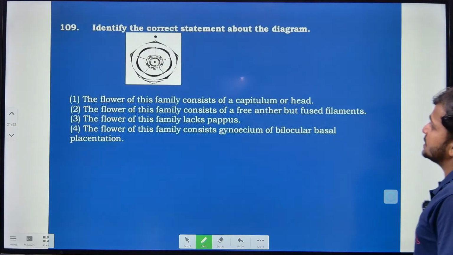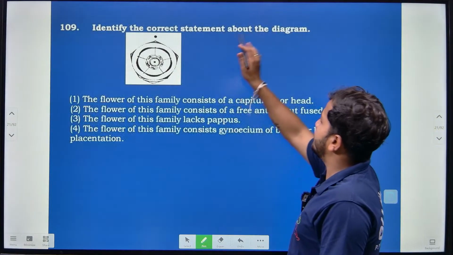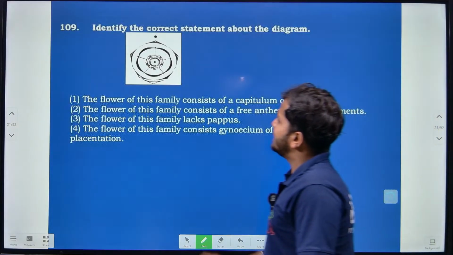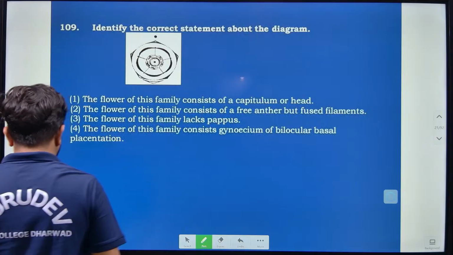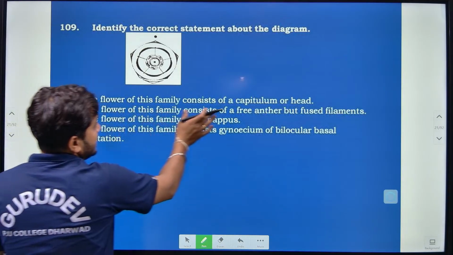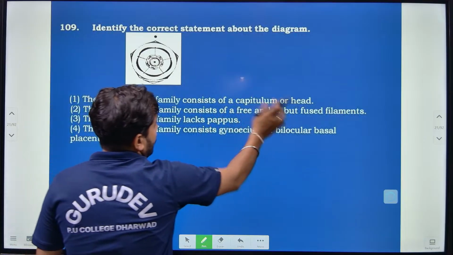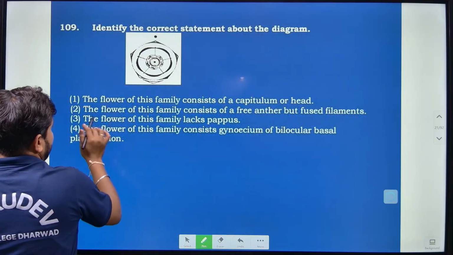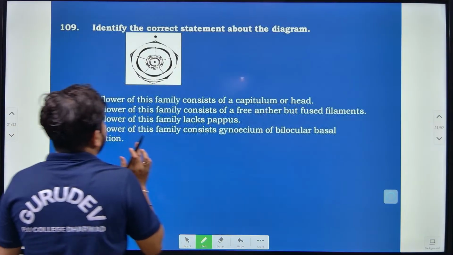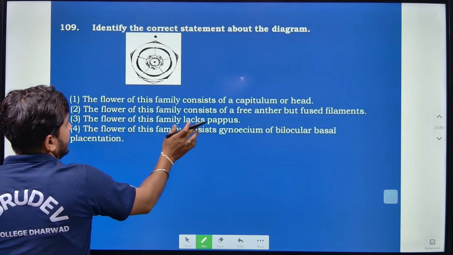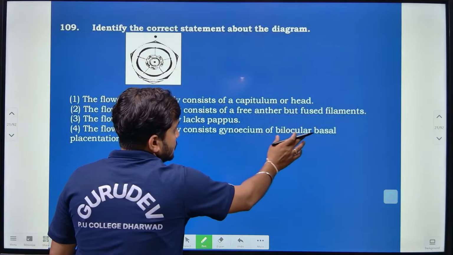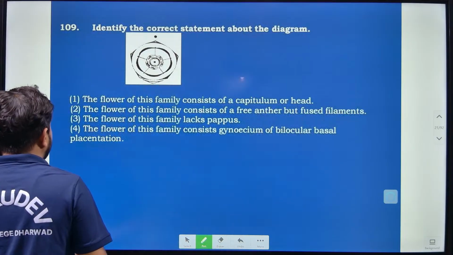Then the next question: identify the correct statement about the diagram. So we have to look at the diagram. Majorly it is the floral diagram they have mentioned. According to that, the flower of this family consists of a capitulum or a head. The flower of this family consists of free anthers but fused filaments. The flower of this family lacks the pappus. The flower of this family consists of a gynoecium with bilocular basal placentation.